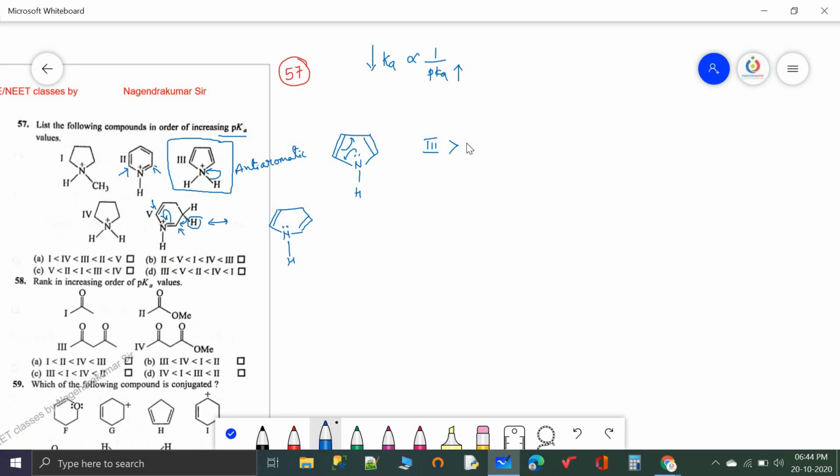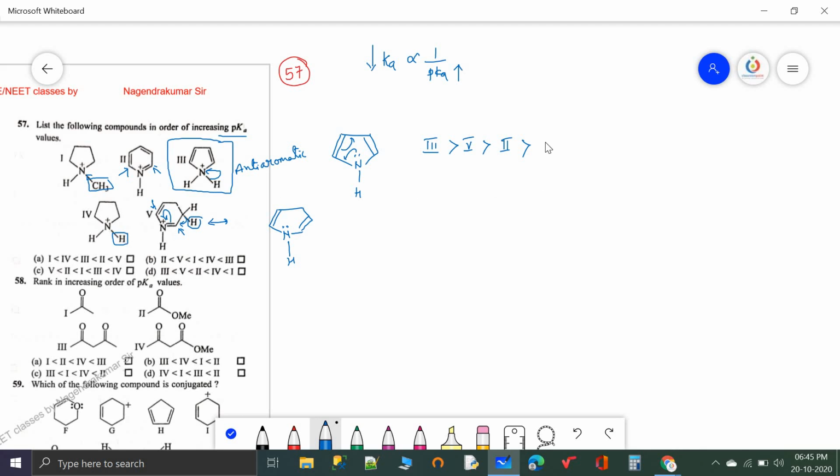So the next strong acid is the fifth molecule, and the next one is this one. It will lose the H plus ion because these are non-aromatic now. So second, and now compare molecules 1 and 4. In the first molecule, a CH3 group is there to release electrons and neutralize this positive charge to some extent. Here no such group is there, so the fourth molecule can easily lose this H plus ion.